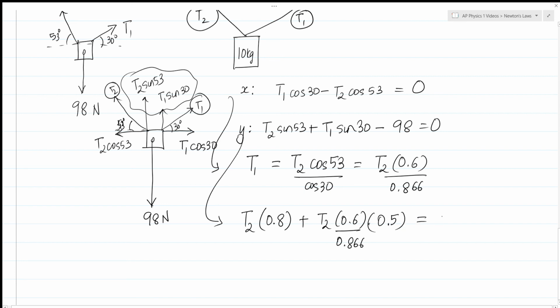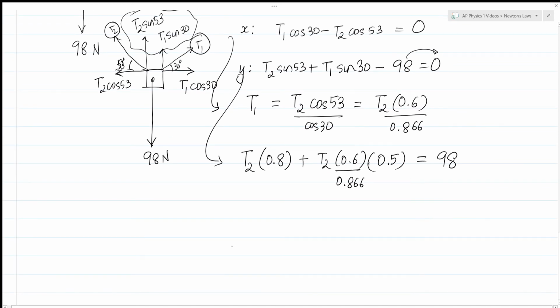All this is equal to 98 newtons, since I've moved the 98 to this side. Now this gives us an equation simply in terms of T2. So I get T2 times 0.8 plus 0.6 times 0.5 all over 0.866, and all this is equal to 98.